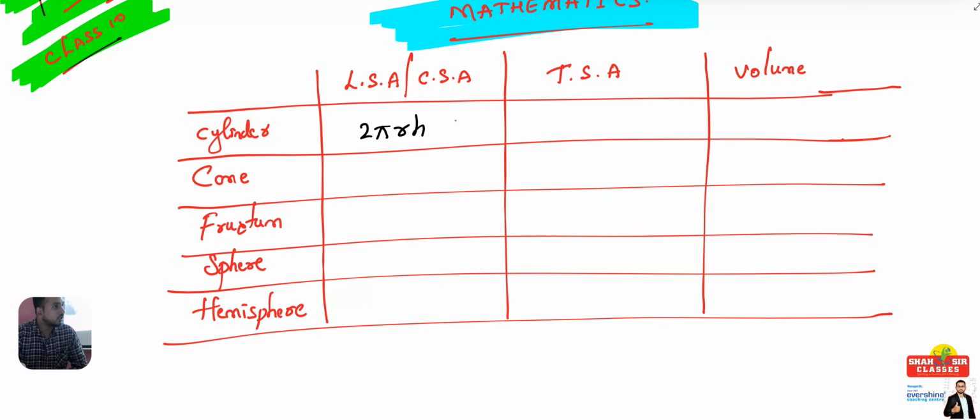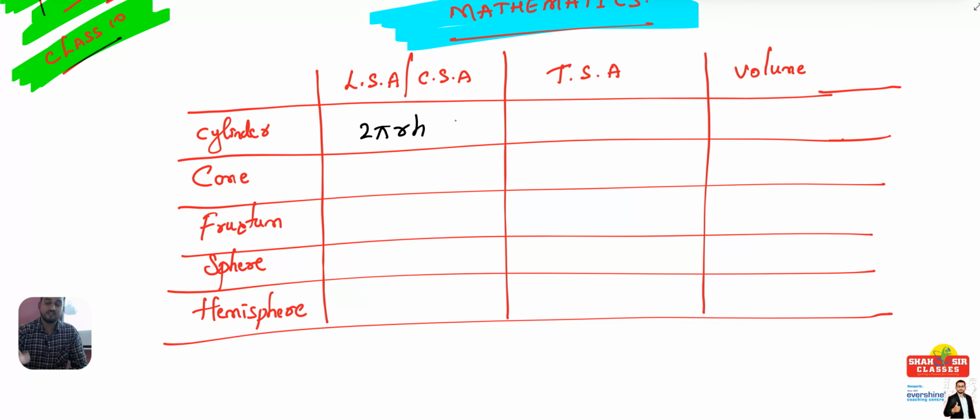If time permits, you can go through those videos and learn those things. Because if I start explaining these formulas and how these surfaces are identified, today's session will go only on these formulas.